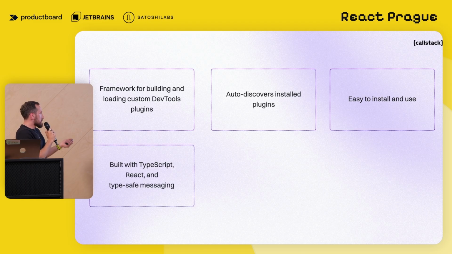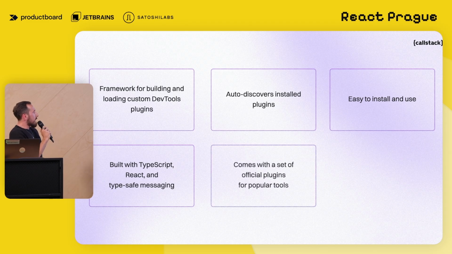It's built with TypeScript, React, and Type7 messaging. This is more important for plugin developers, because rosenite is not only for plugin users, but also for plugin developers. And again, we will talk a little bit more about it later. It comes with a set of plugins for popular tools. I already mentioned Redux and Tanstack Query.